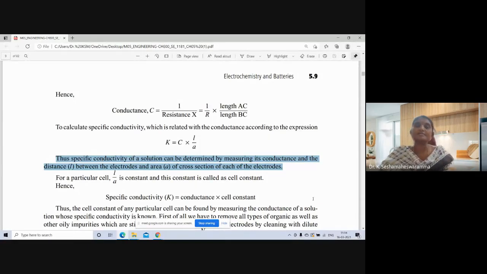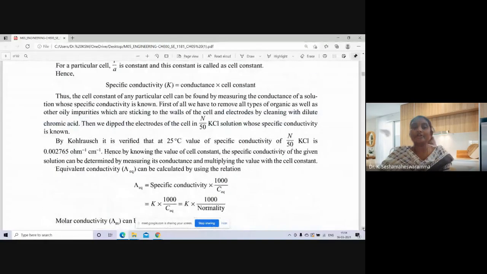Hence, the cell constant of any particular cell can be found by measuring the conductance of a solution whose specific conductivity is known. You have to remember this.